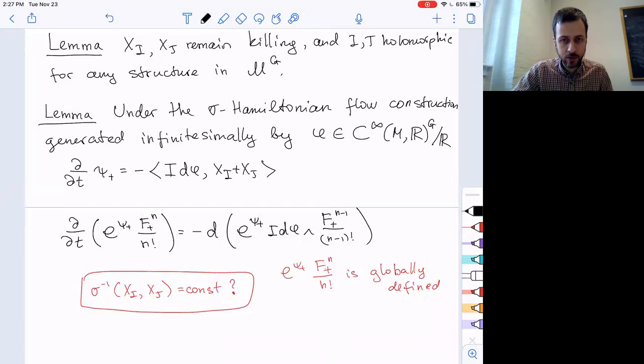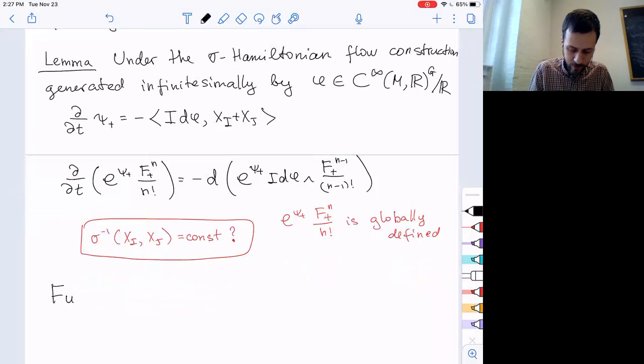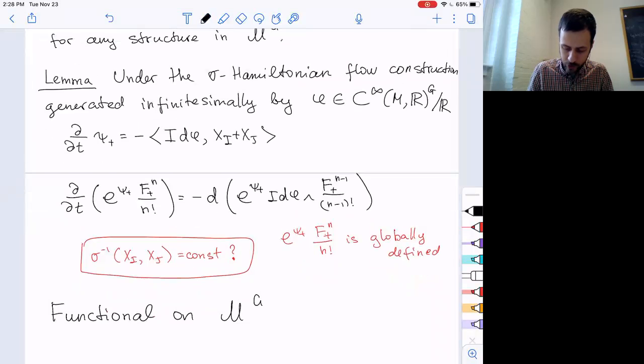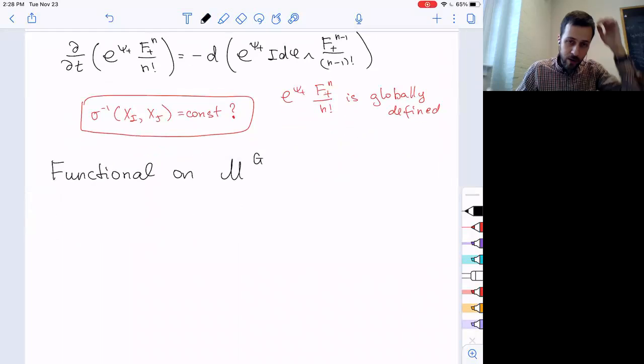Our goal now is to use this to define a functional on the covariant generalized scalar class, script M G. Following the mainstream path in scalar geometry, whenever you want to define a useful functional, you most often define it through its variation: you introduce a one form on this space and check that this one form is closed, so it can be integrated to a function.